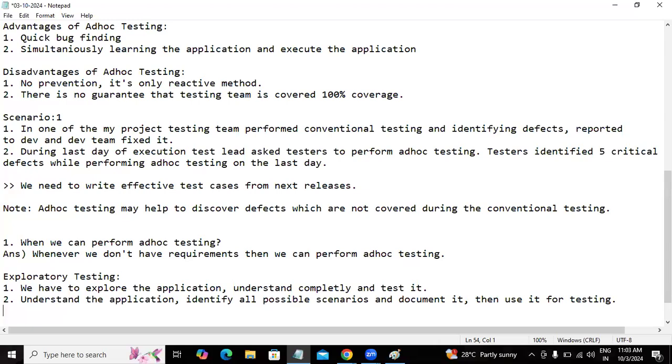While understanding the application, you need to identify all possible scenarios, document those scenarios, and after some time test those scenarios. This is how we do exploratory testing.